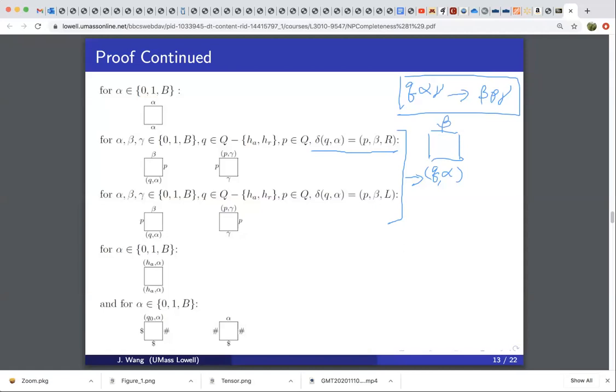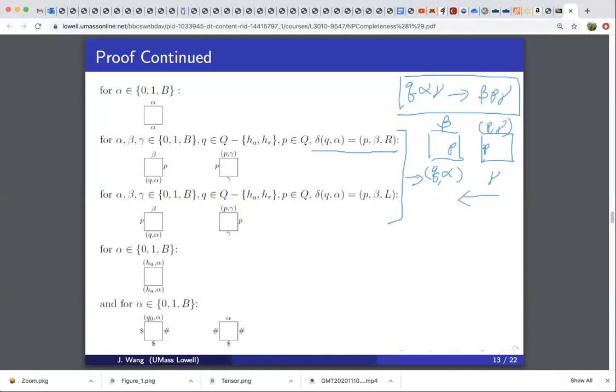Because we move to the right, this gamma then becomes P gamma, and this one has to be on the right side of this tape. So we can put a P here and a P here to indicate that this second one can only be placed on the right-hand side of the first one.